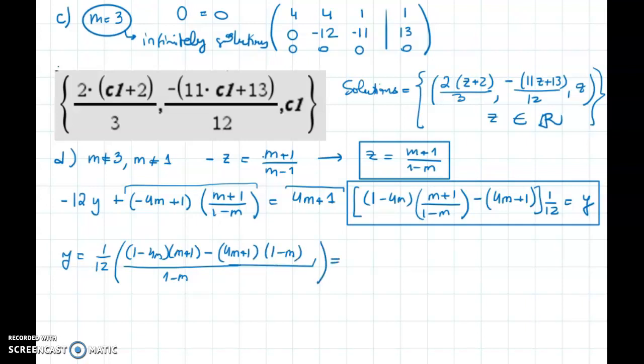Let's see if we can write this a little bit nicer. 1 over 12 still, and I'm just going to expand and then see if we have some common factor we can work with.